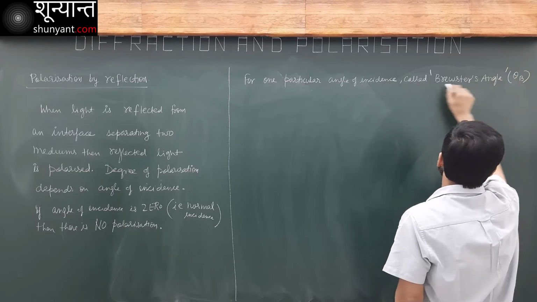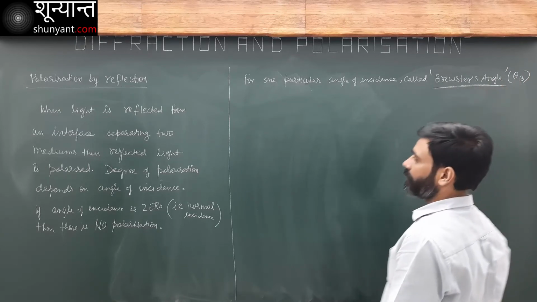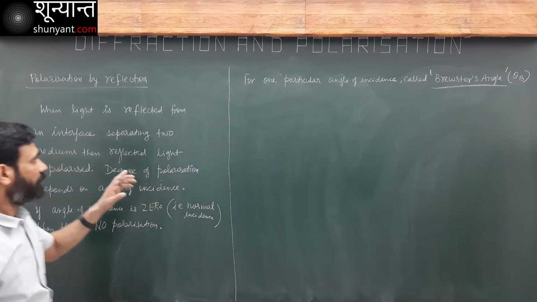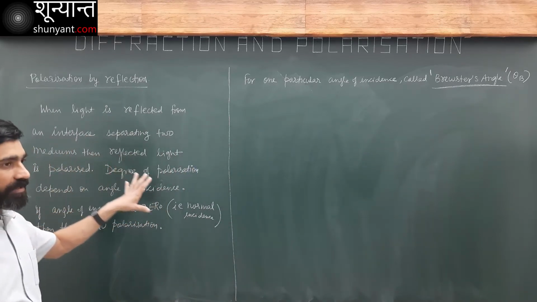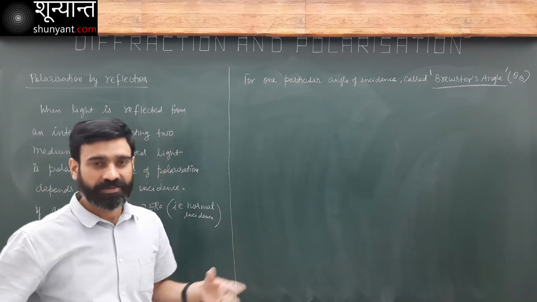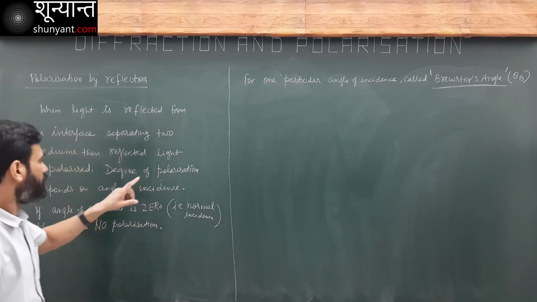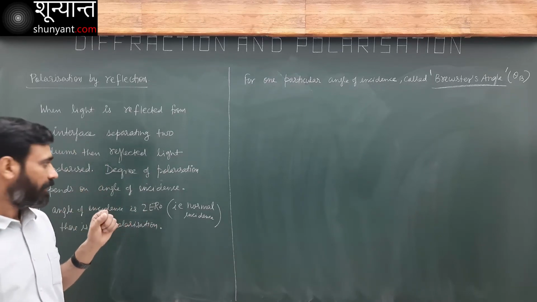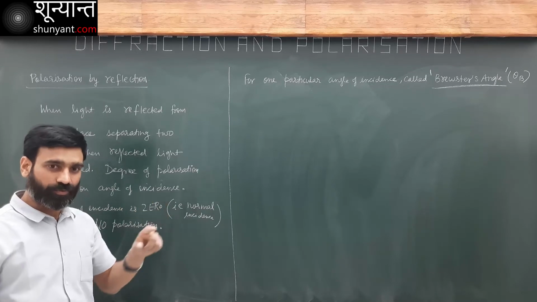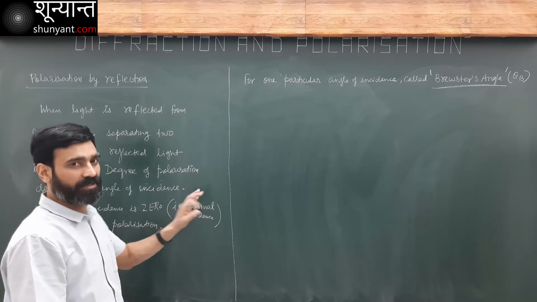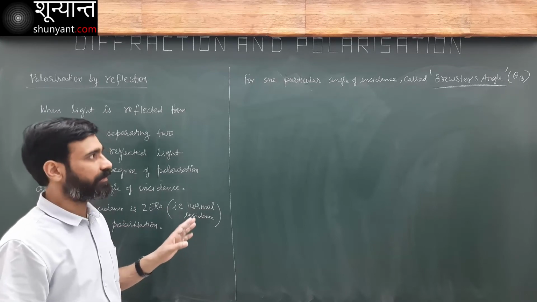Very important. First of all, the degree of polarization, how much polarization will happen, whether it will be nil or complete or 60%, 40%, whatever it is, will depend on the angle of incidence. First thing to remember. If the angle of incidence is 0, there is no polarization. 0 angle of incidence means normal incidence, no polarization.